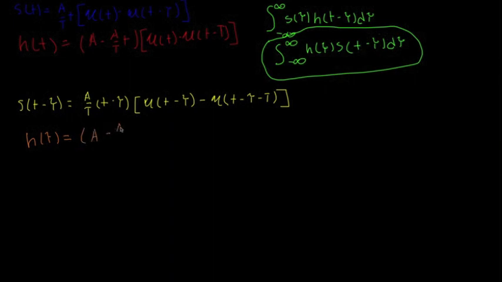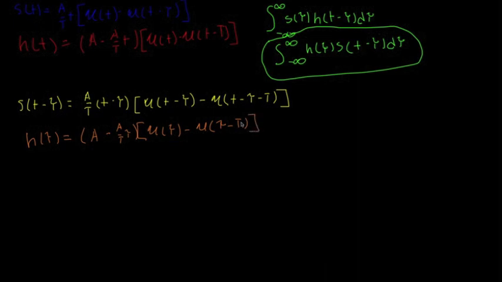So it would just be a minus a over capital T times tau, and then times the quantity of u of tau minus u of tau minus capital T.